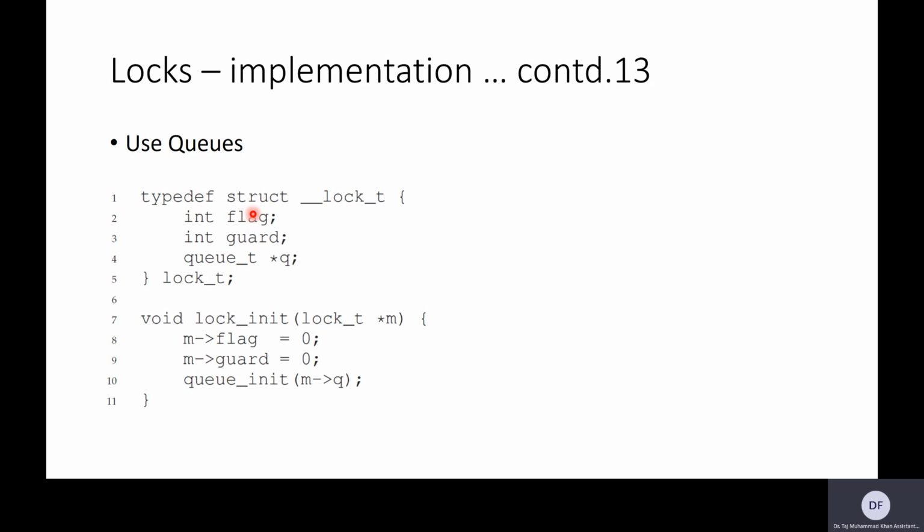We have to set the flag, we have to set the guard, we have to add elements to the queue. All these operations should be performed atomically. So we should control access to this lock structure so that only one thread can modify it at any given time. For that, we use this guard variable.